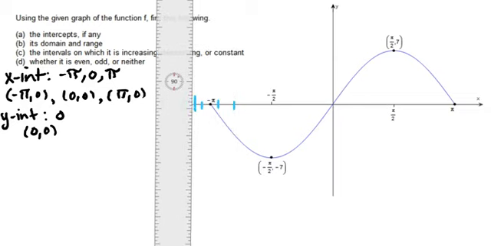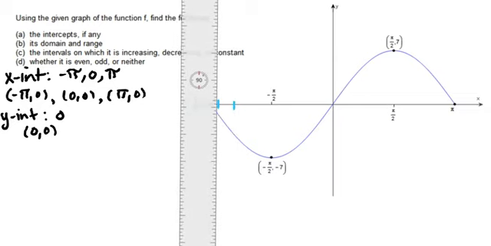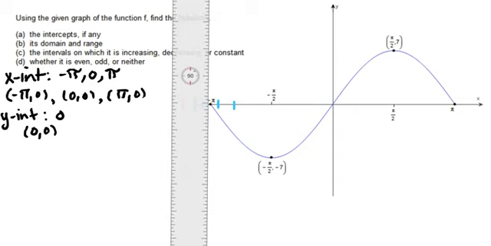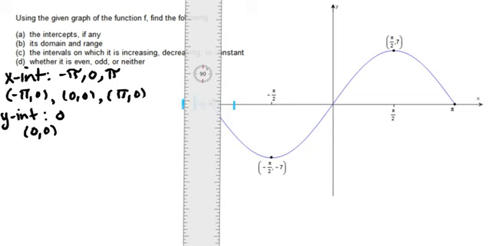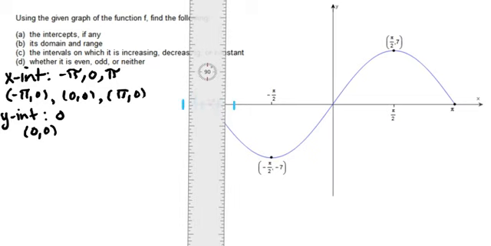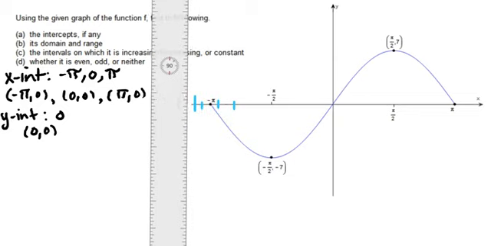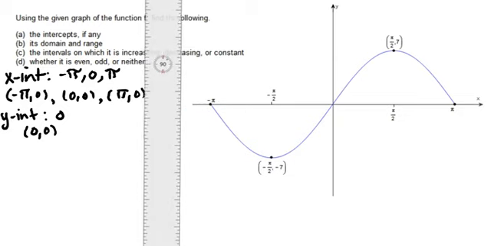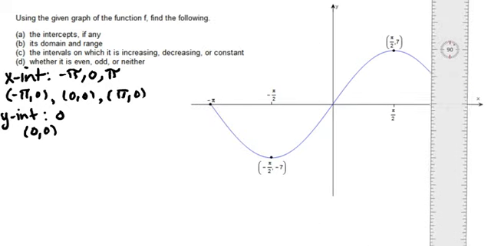By holding it vertically, I'm paying attention to where the vertical line touches the graph. If it's touching the graph, that means I have an x value, a part of the domain. Let me erase these markings. What I like to do is hold it vertically and go from left to right across the graph.